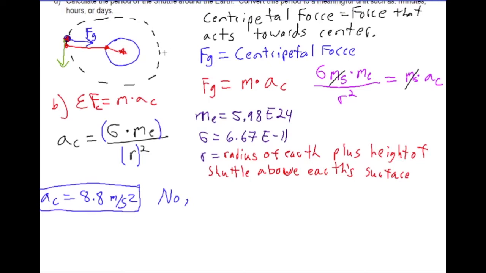And then a few seconds later, at another point, might be pointed this way. What's interesting, though, and we'll talk a little bit more about this later, is that the velocity here and the velocity here have the same magnitude. The only thing changing is the direction that the object is moving in. So what does the centripetal acceleration tell us? It tells us how quickly the direction is changing.